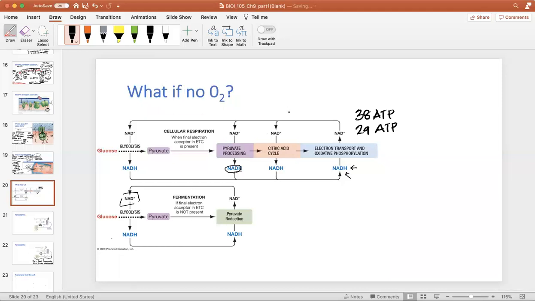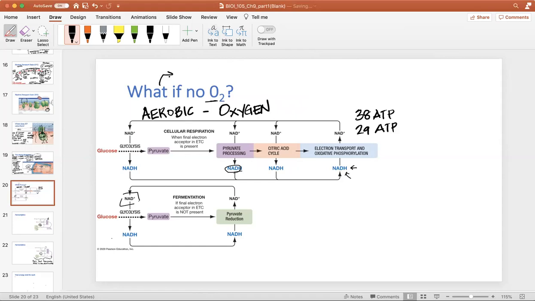And remember that cellular respiration is an aerobic respiration, meaning that it requires oxygen, right? And you guys saw that oxygen's role in this is that oxygen is the final electron acceptor in the electron transport chain. But what if we are in a situation where we don't have any oxygen? Can we still turn glucose into ATP?